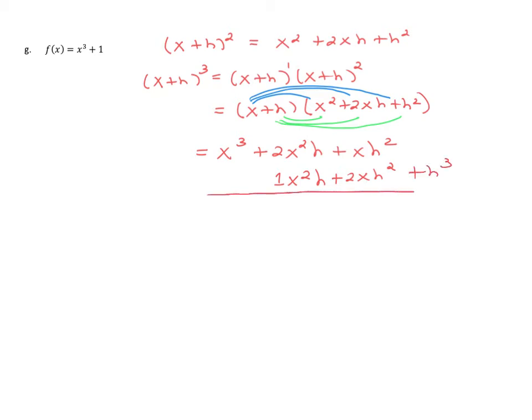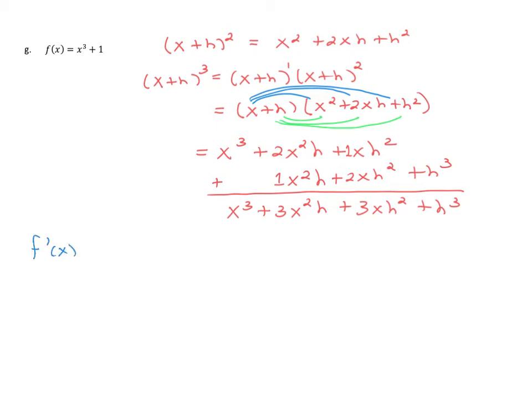I wrote it this way because there are four terms. There's x cubed, there's 3x squared h's, there's also 3xh squareds, and an h cubed. It's nice to do this ahead of time, just so we can plug this information in when we take the derivative of this function. So let's do that next.